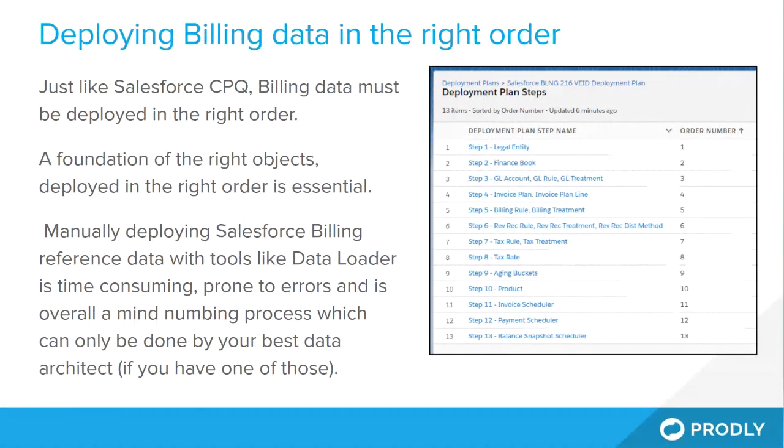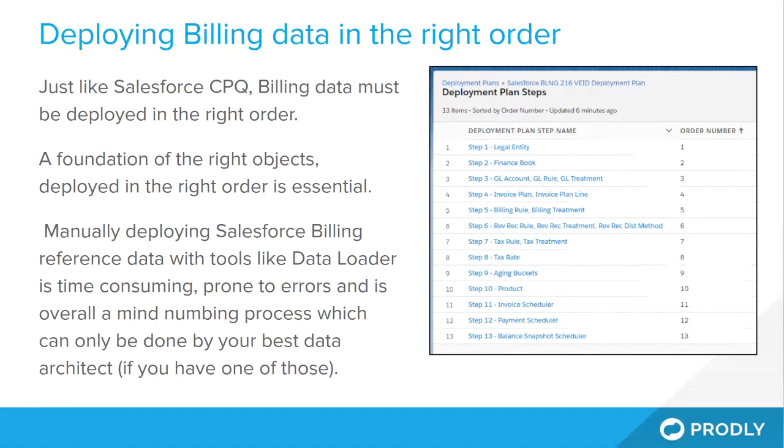If I'm bringing over my invoice plan and all that other stuff and the objects related to that, I also need to understand that legal entities probably need to be there first, right? So deploying the reference data objects, and building that foundation that the rest of the data actually sits upon, is just as important as getting all of the relationships mapped.